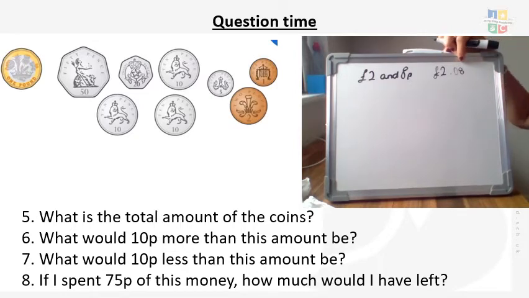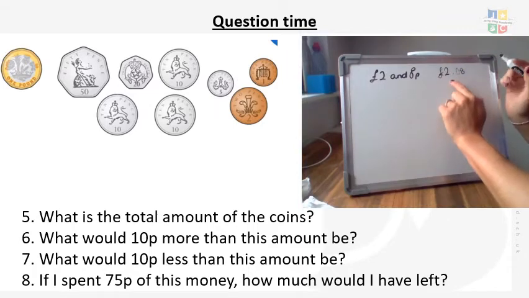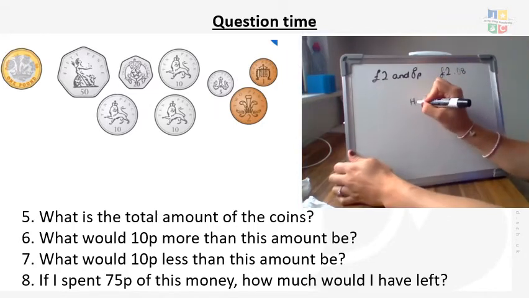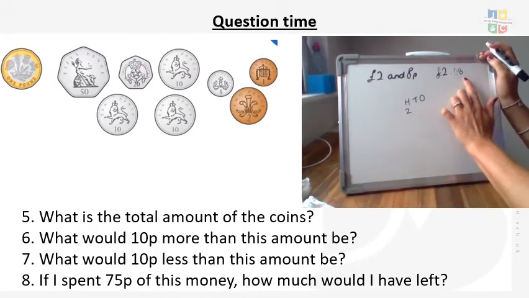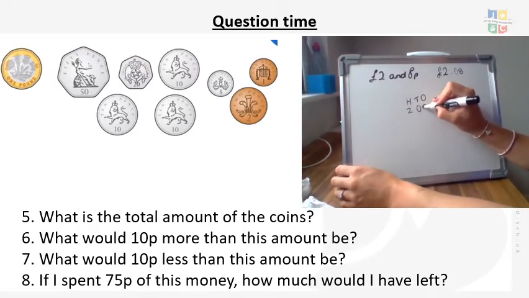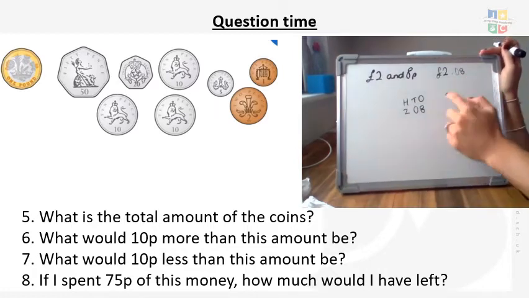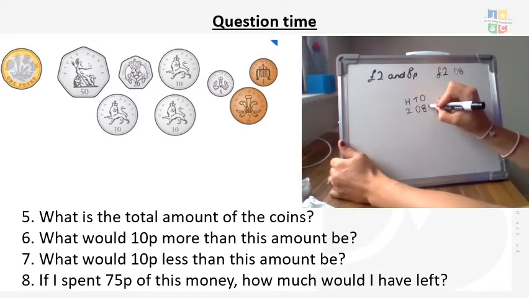Now what would 10p more be? If we converted this all into pence, we would have £2, which is 200 pence. So I could put my hundreds, tens, and ones columns. I've got £2, 200 pence, and 8. Now you'd have to put 08 because it's 208, not 280. So I know that there are 208 pence.